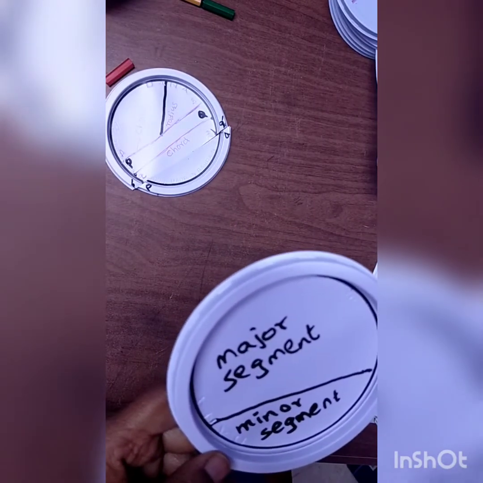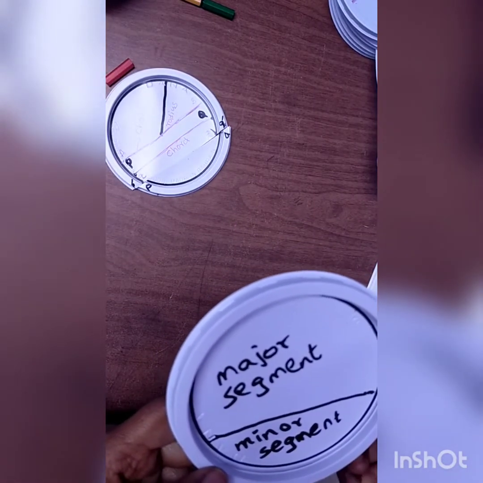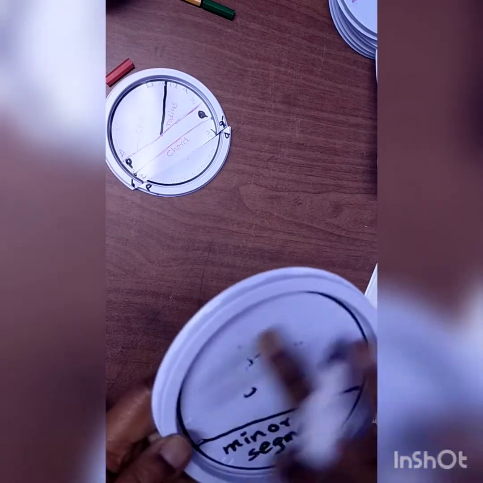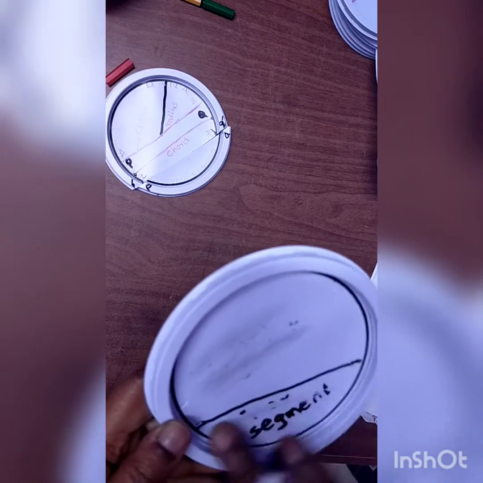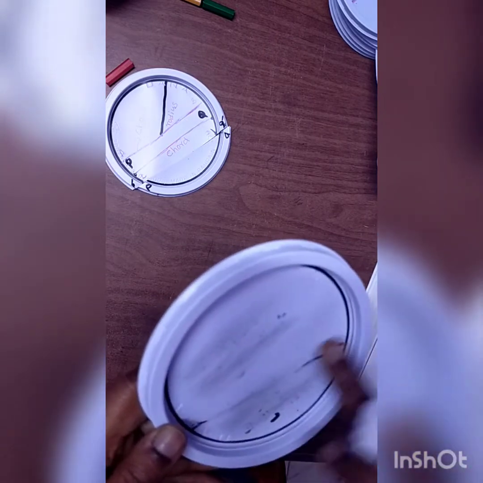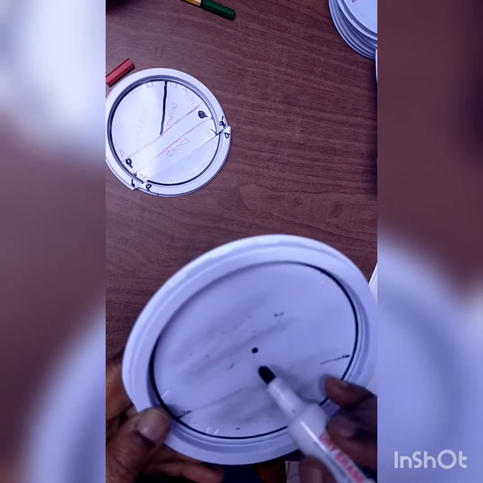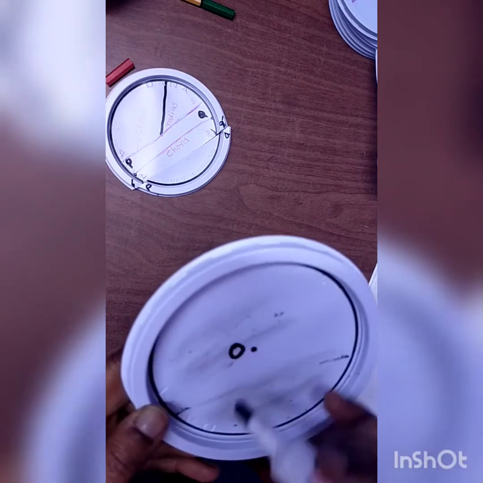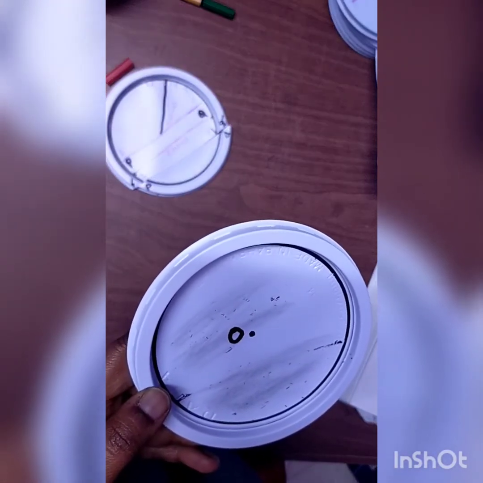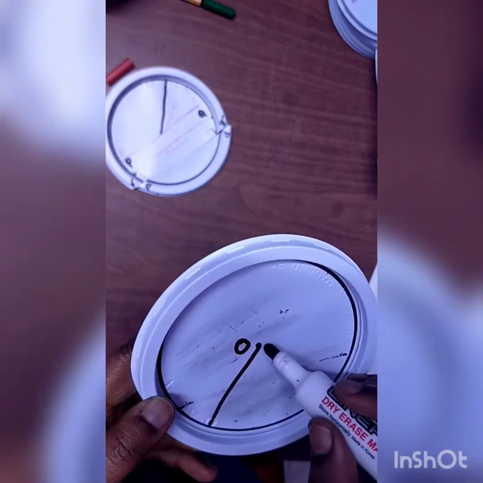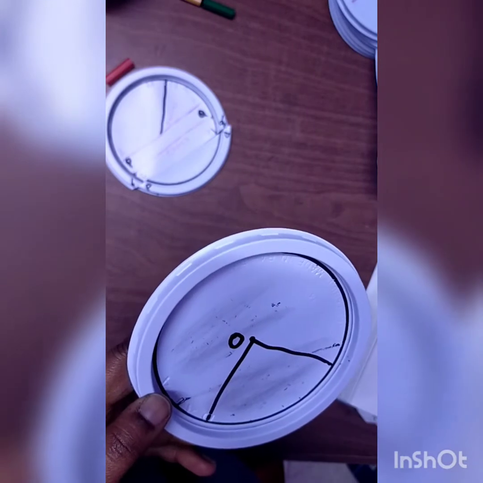So what is a sector? So the sector will be, let me explain with the same thing. The region between an arc and the 2 radii, that is the difference.